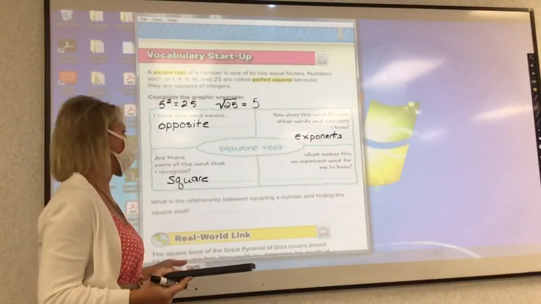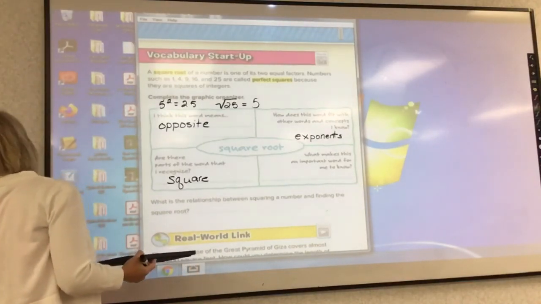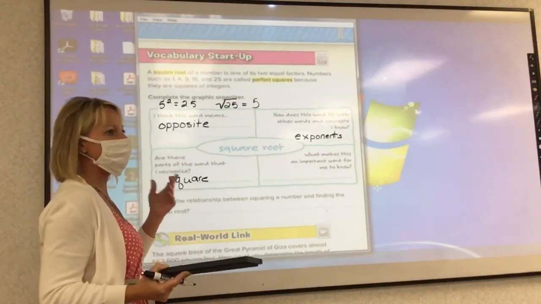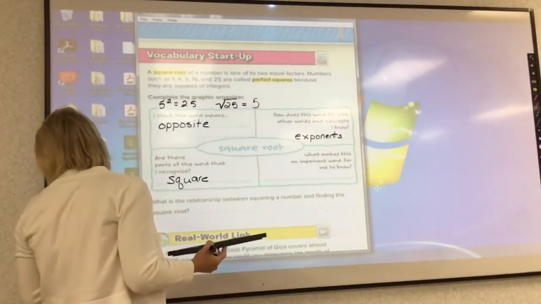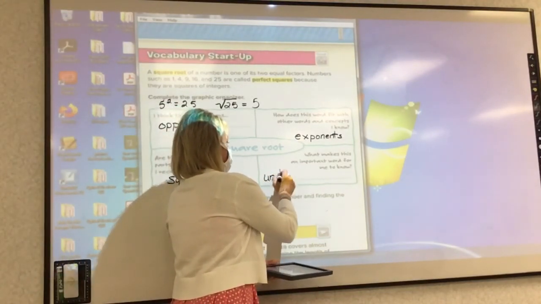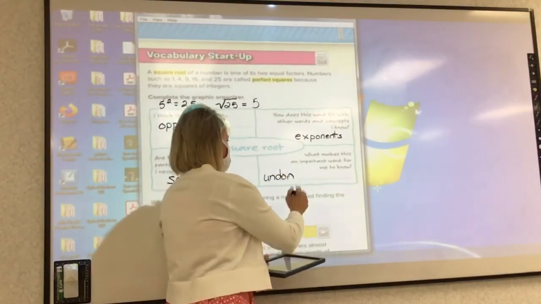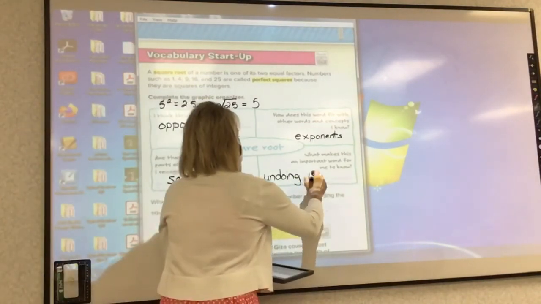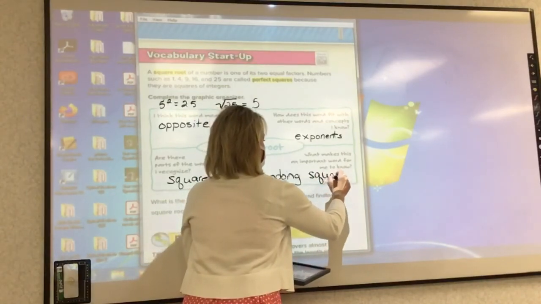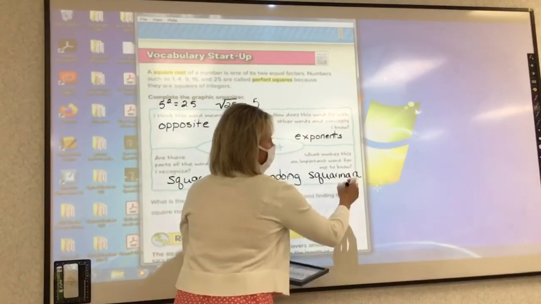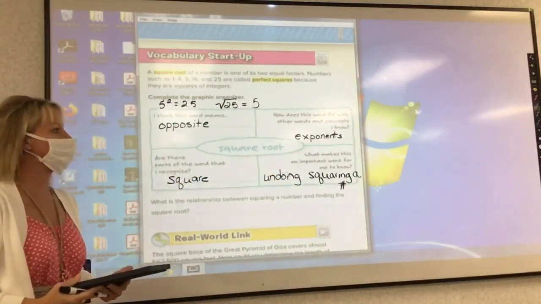It's like if I add 5 and then subtract 5, I do the opposite, right? I'm undoing my adding. So you are undoing squaring a number.